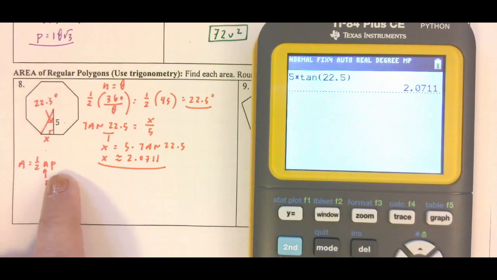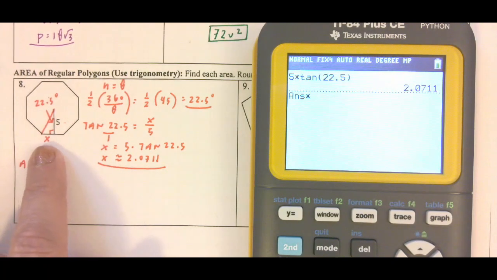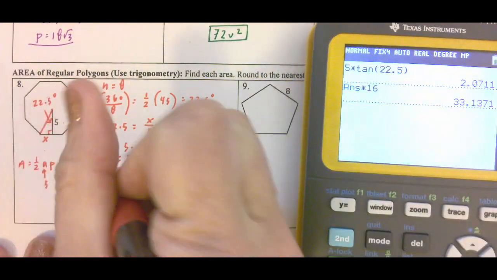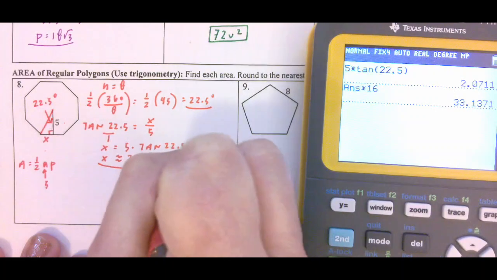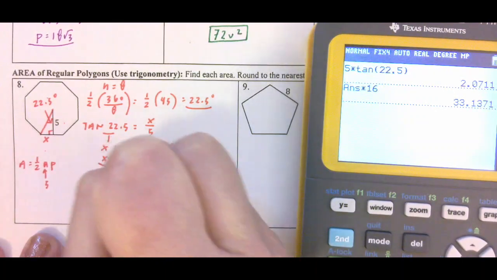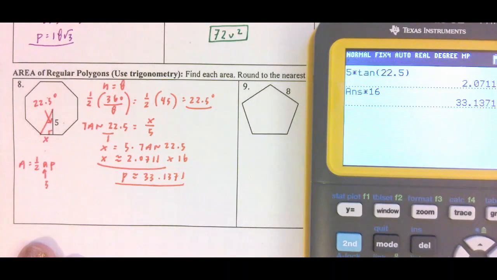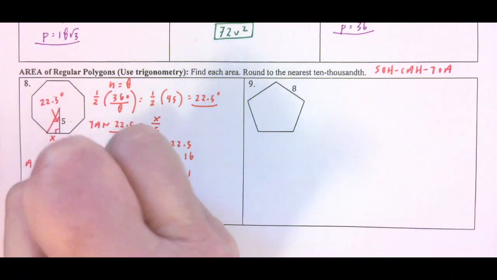But I still need my perimeter. So I need to multiply that by 16 because this is half of a side. I have 16 half sides in an 8-sided shape. So I multiply that by 16 and my whole perimeter is 33.1371. I'm just going to make a note that I multiplied that by 16. All right, let me pull that away for a second and just plug that in right here.